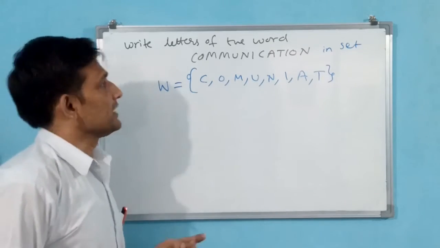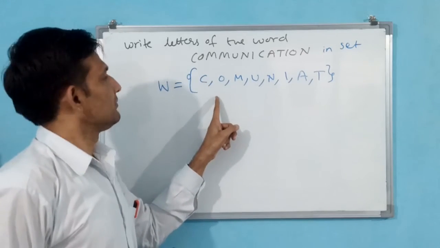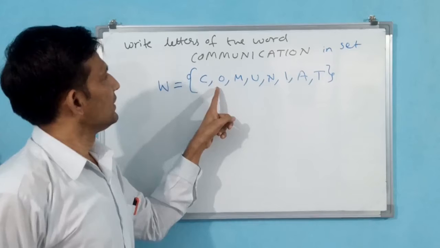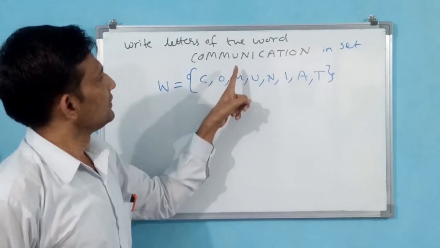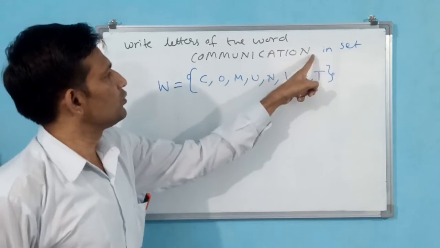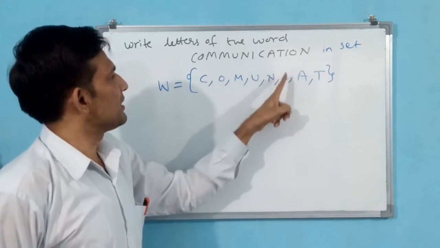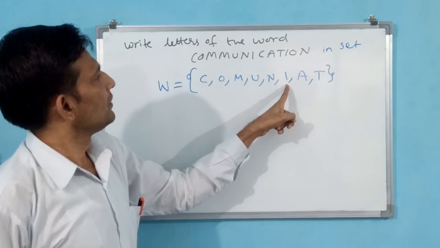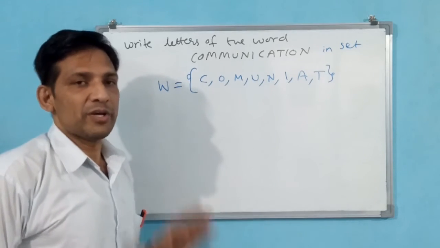What I have done, you see here. C has come 2 times, but I have taken only 1 time. O has come 2 times, but I have taken only 1 time. M also 2 times, but only 1 time I have taken. N is also 2 times, but I have taken only 1 time. I is also 2 times, but I have taken only 1 time. In this way you have to write.